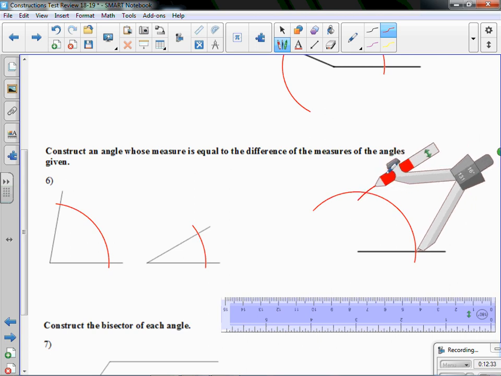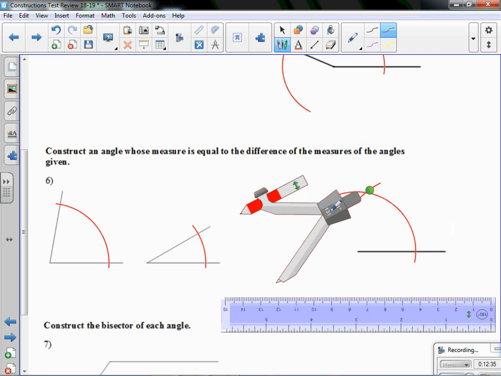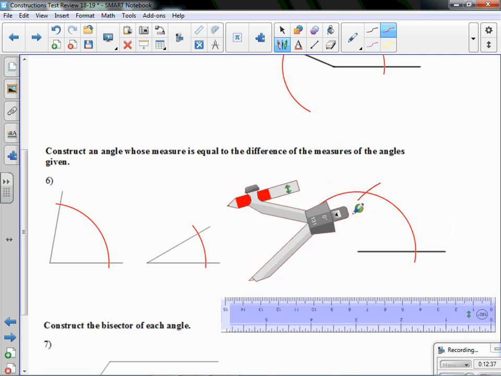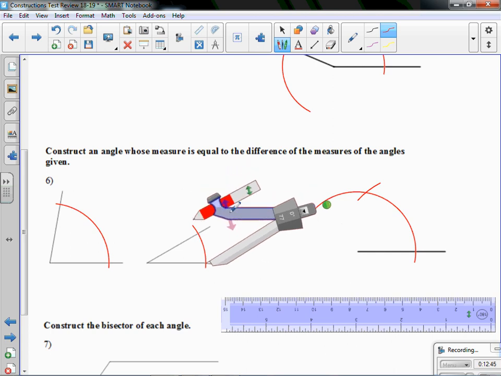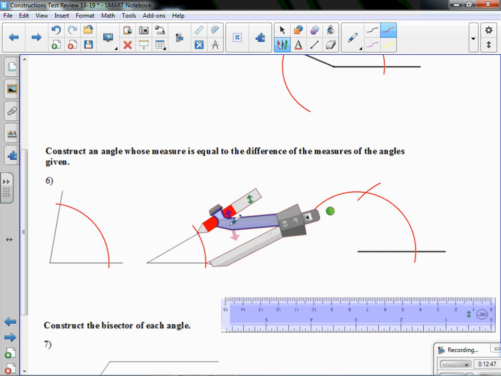So make a mark here. Then we're going to measure the distance between the intersections on the small angle. And when you do this, make sure you start with the big angle first. So measure off the distance between those two intersections.